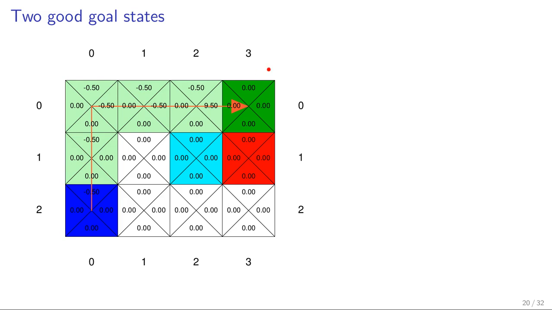Maybe this brings a reward of 20, and this may bring a reward of 10. If I always take the best action, that means I exploit the knowledge I have. Do you see any problems with this approach? What will happen?